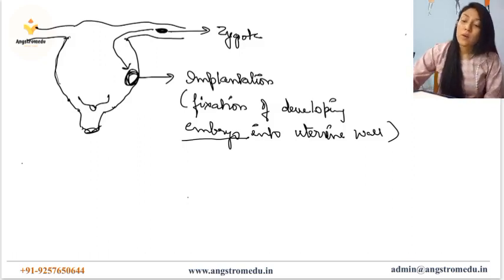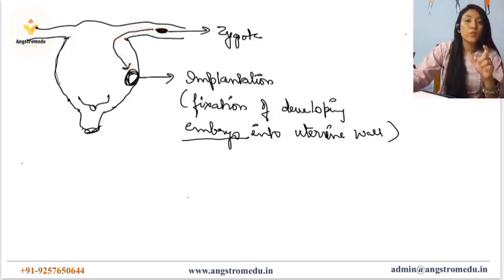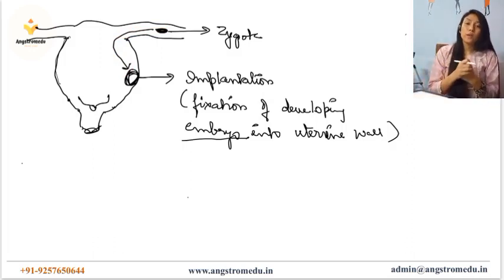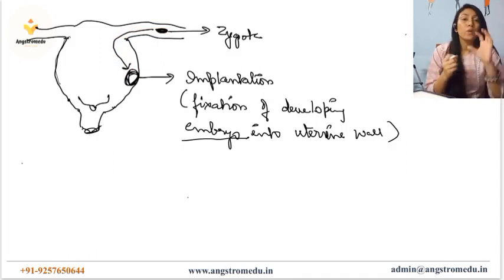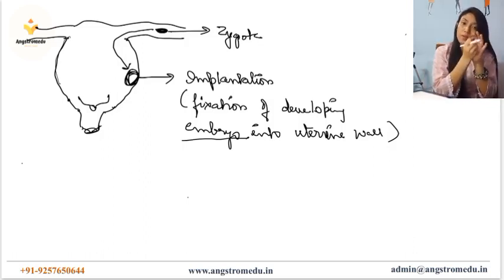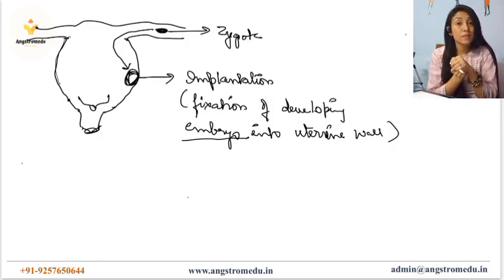What happens while this zygote is moving downwards into the uterus? It is not just moving but also dividing. The zygote keeps on dividing, keeps on growing, and forms a structure, a ball of cells with hundreds of cells, called the embryo. And then this embryo gets fixed in the internal wall of the uterus and forms the fetus.